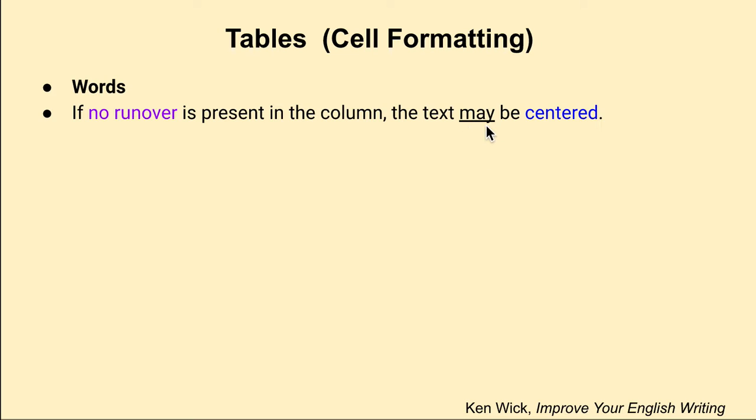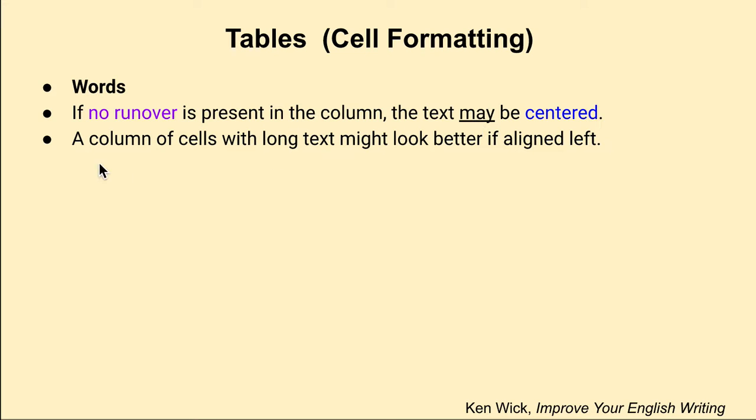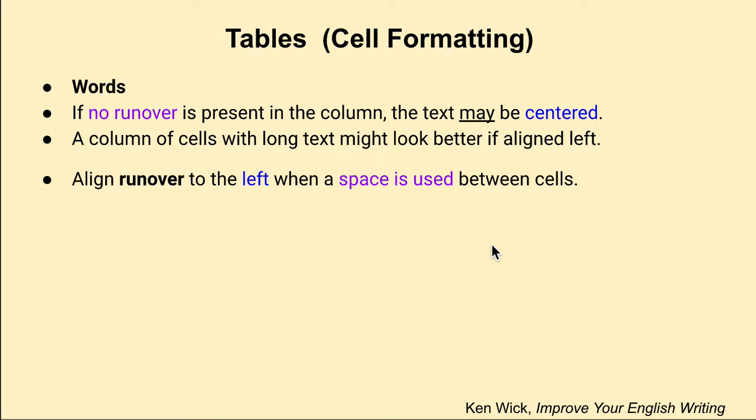It may look better aligned left. A column of cells with long text may look better if aligned left. And of course, long text probably means more than one line. But going back to no run over, you can center it. And columns with long text may look better aligned left.